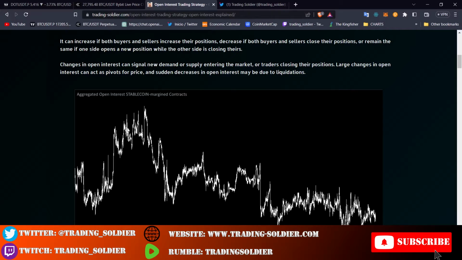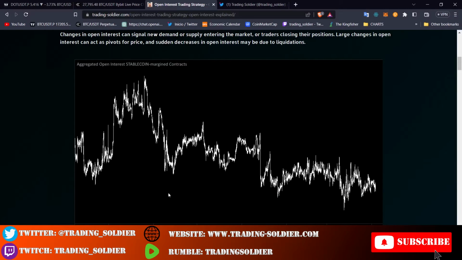And if open interest is decreasing in a given market, whether we trade Bitcoin, Ethereum, Polkadot, Monero, however we are going to trade, we can interpret that people are closing their positions, so there is less interest in the market.